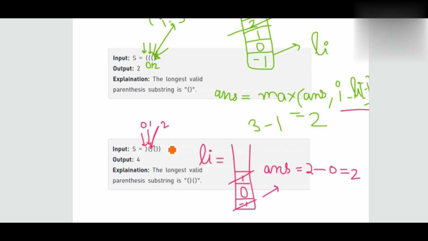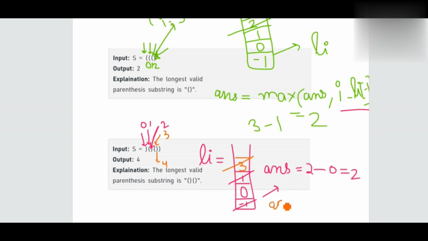Now check here. This is an opening brace, so we will simply add its index. Now this is a closing brace at index 4. So we will pop the top element and check if the length of li is 0. No, it is not 0.